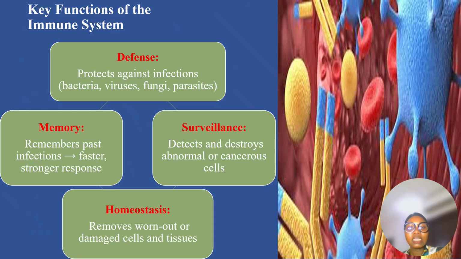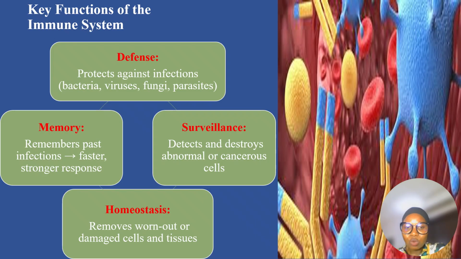So, what are the key functions of the immune system? The immune system defends the body, that is, it protects against infections from bacteria, viruses, fungi, and even parasites. They act as surveillance: they detect and destroy abnormal or cancerous cells.